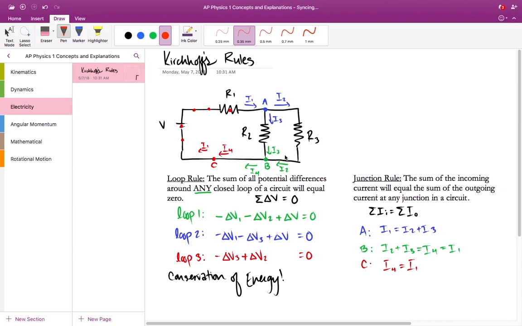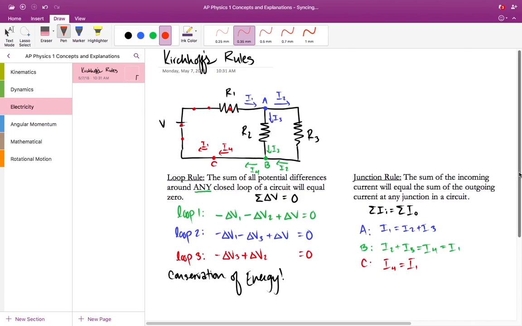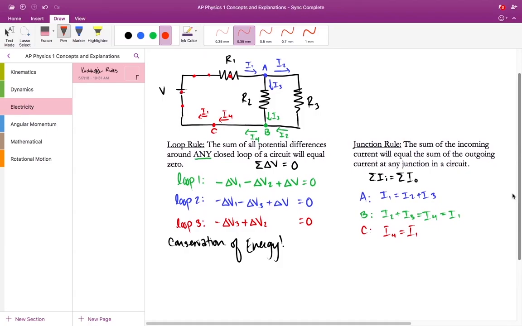At every single junction, the incoming must equal the outgoing. And so this is our explanation for why the current along series branches is equal but divided at parallel branches. Okay, so Kirchhoff's rules are actually very powerful explanatory tools.